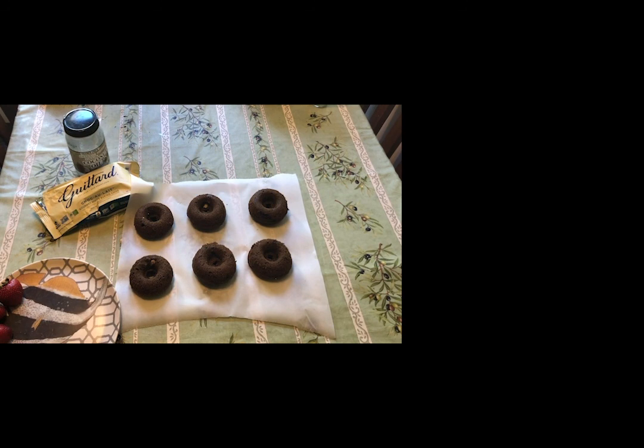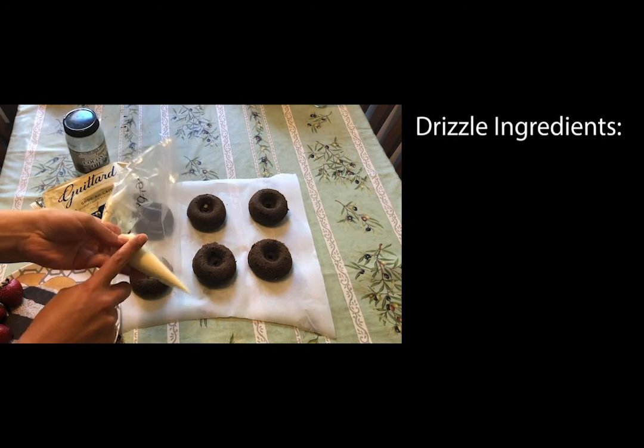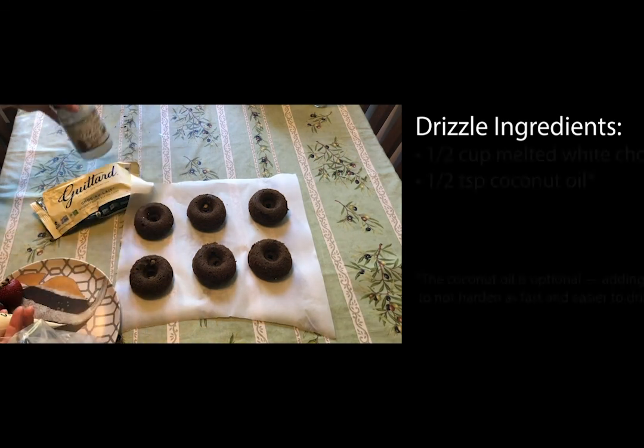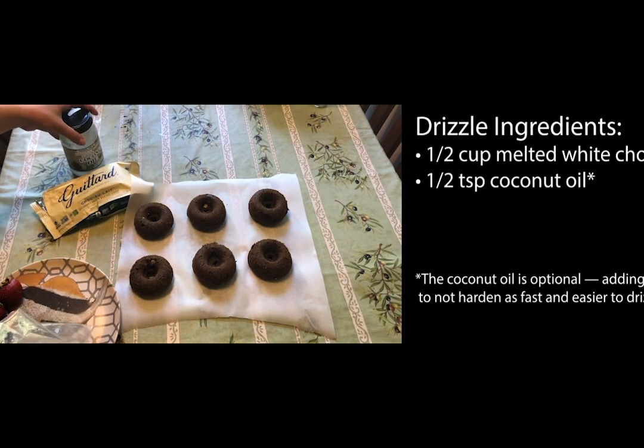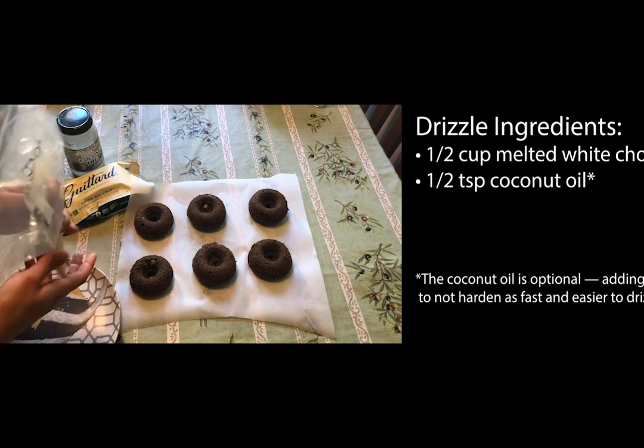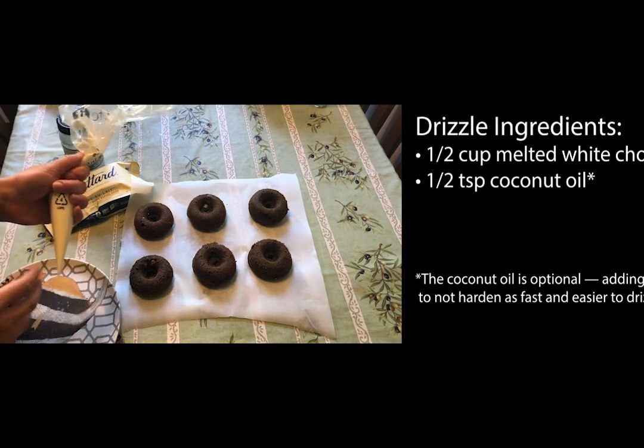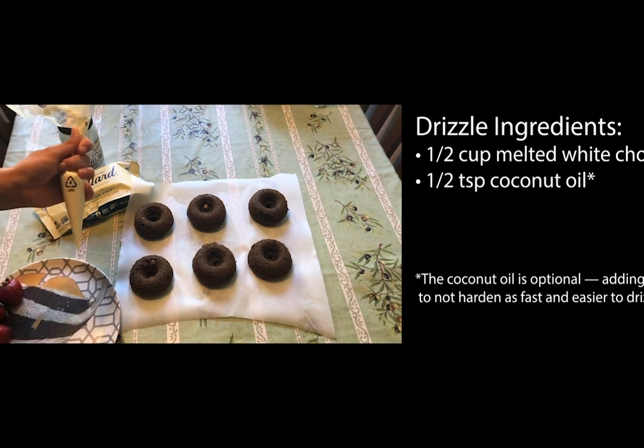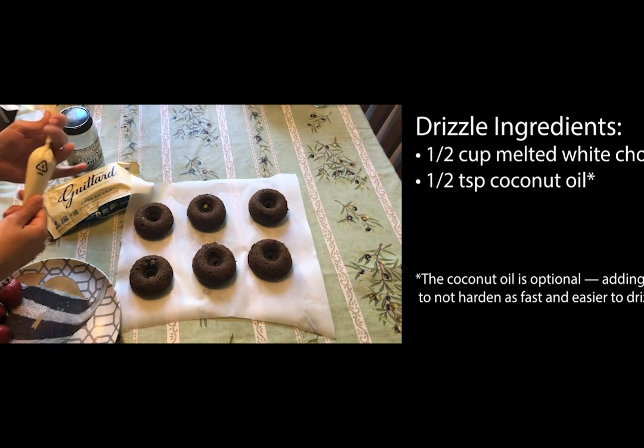And right now I'm going to put a drizzle on them. Here I have white chocolate and coconut oil. I used about half a cup of white chocolate and a half teaspoon of coconut oil, and I melted that in the microwave for about a minute.